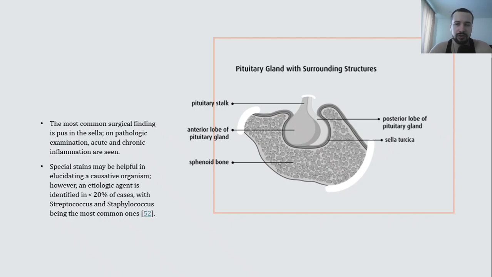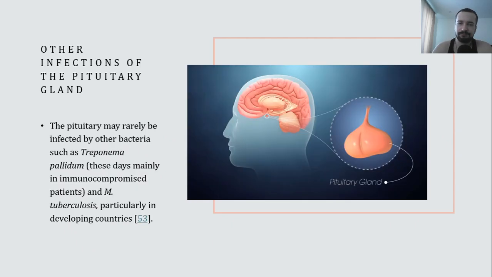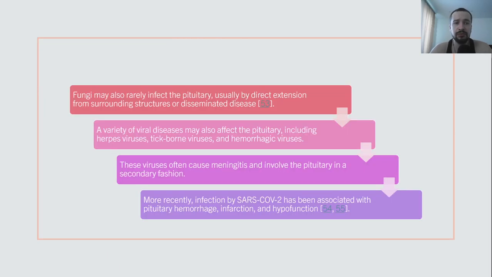There you see the picture of the pituitary gland. The pituitary gland may rarely be infected by Treponema pallidum, these days mainly in immunocompromised patients, and Mycobacterium tuberculosis, particularly in developing countries. Fungi may also rarely infect the pituitary, usually by direct extension from surrounding structures or disseminated disease.